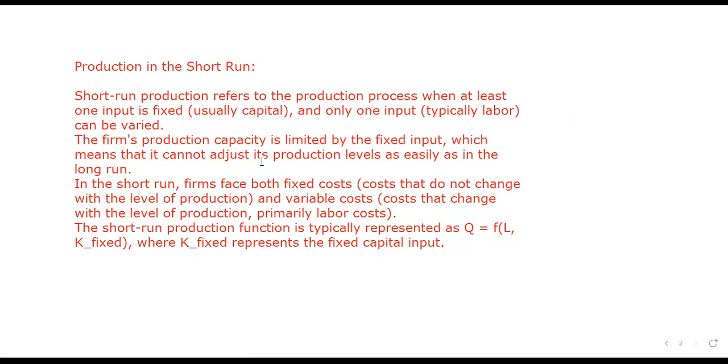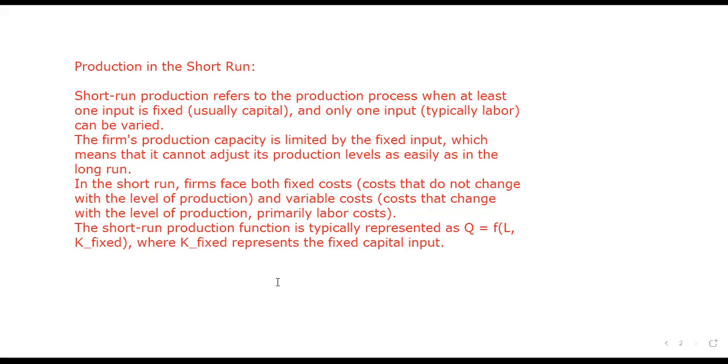So the firm in the short run has a capacity which is limited by a fixed input, which means that it cannot adjust its production levels as easily as in the long run. In the short run, firms usually face fixed costs that do not change with production. They also experience variable costs that will change with the level of production, primarily labor costs.